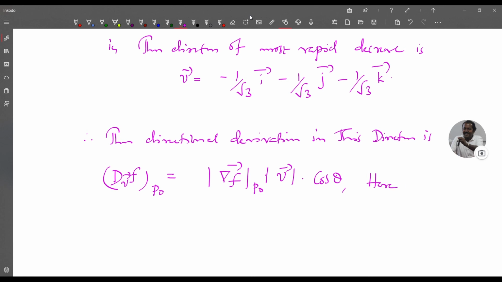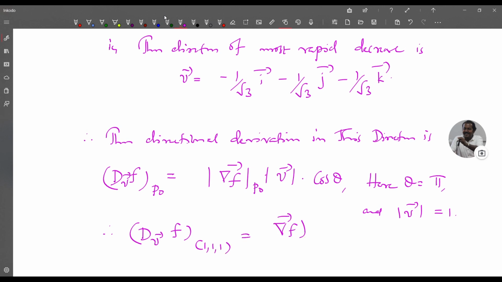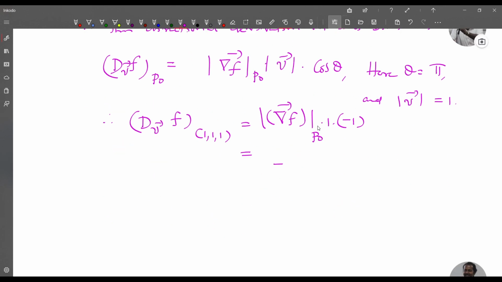So here theta is equal to pi and modulus of v equal to 1. Therefore, Dv f at p naught is modulus of del f at p naught into 1 into cos pi, which is minus 1. So this is equal to minus modulus of del f at p naught.